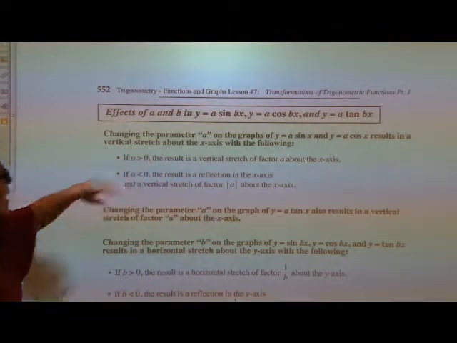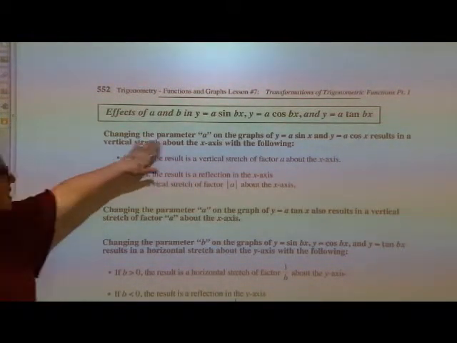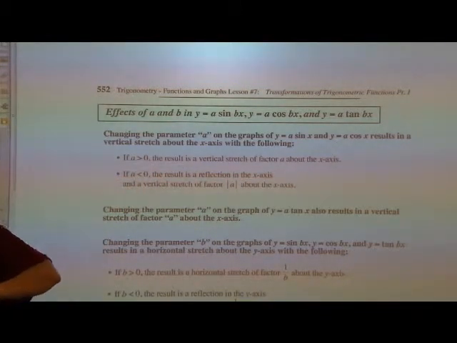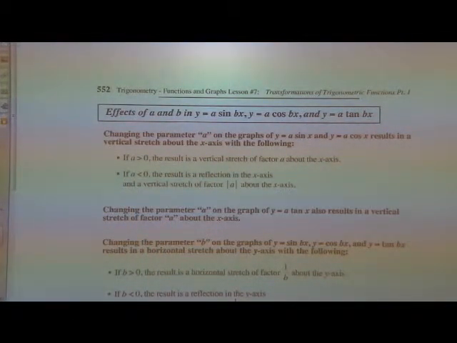If we change the parameter A on the graphs of y equals A sin x and y equals A cos x, I get a vertical stretch. When the value of A is greater than 0, I get a vertical stretch of a factor of A about the x-axis. When A is less than 0, I have that reflection worked into it. So I also have a stretch, but then I have a reflection.